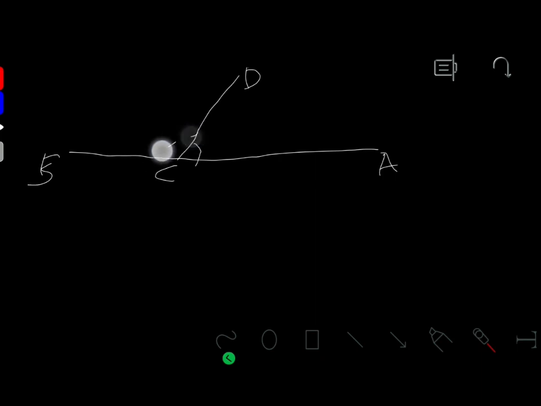Between B and D here, there's another angle. How do we find the angles in this scenario? Let's assume this place is 30 degrees. What would happen? For us to get this place, let's call it X, we would add the angles on both sides and equate it to 180, because ordinarily they're supposed to sum up to 180 degrees.